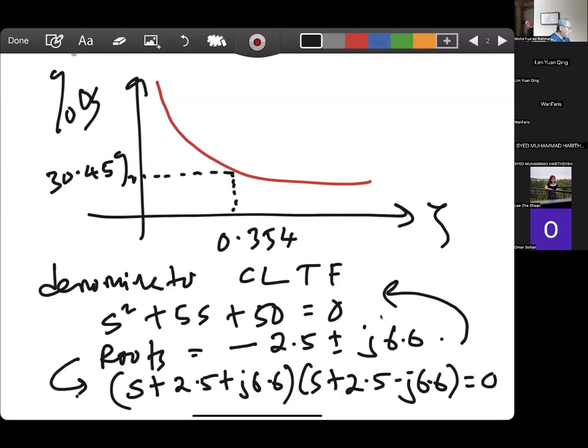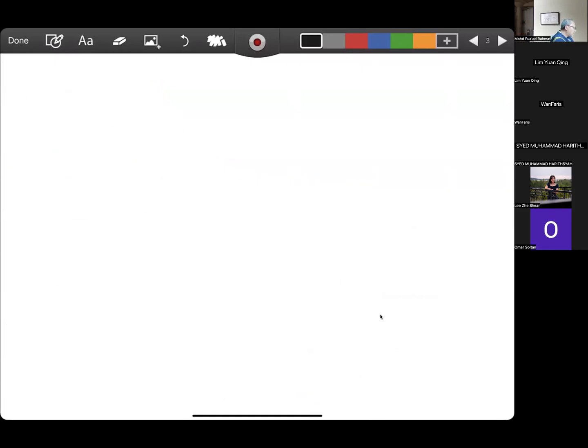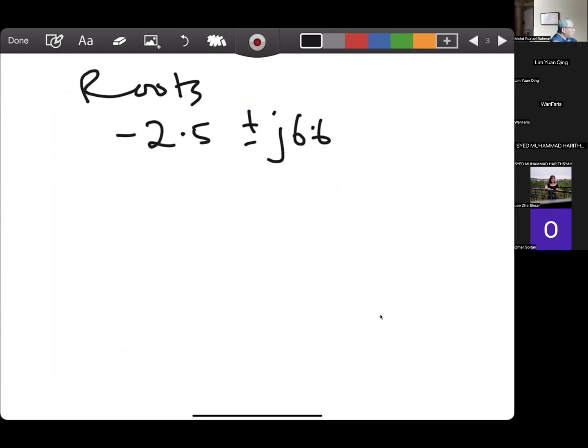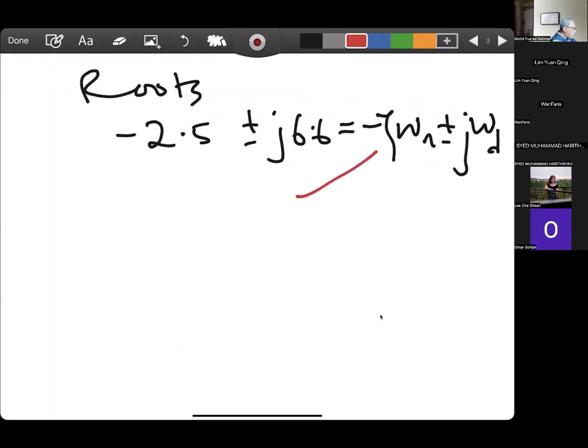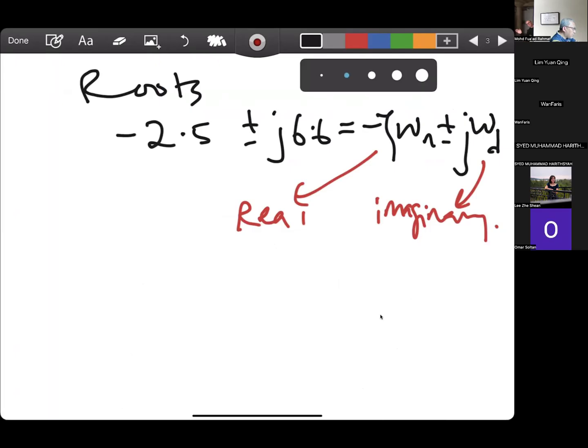But the important thing is you want to have the roots, which are minus 2.5 plus minus j 6.6, equal to minus zeta omega n plus minus j omega d, where this part is real and this part is imaginary. Right? So far okay.